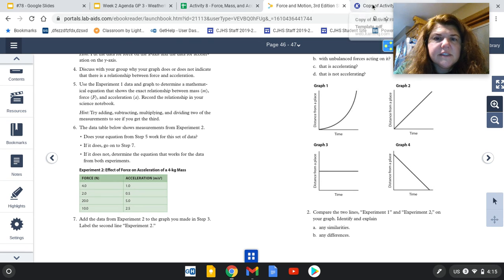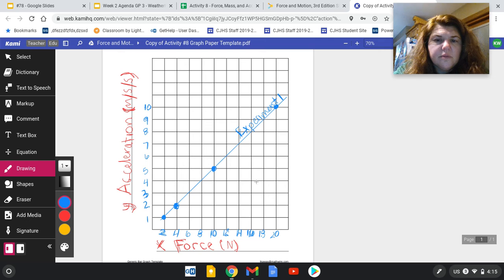So for instance, if I said 20 and 10, how did those numbers relate? What could I do?